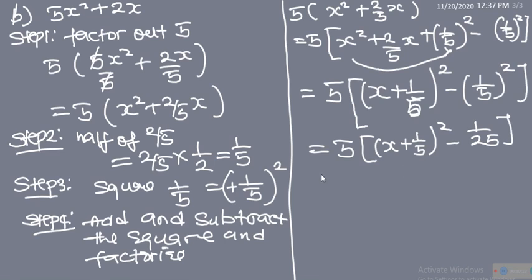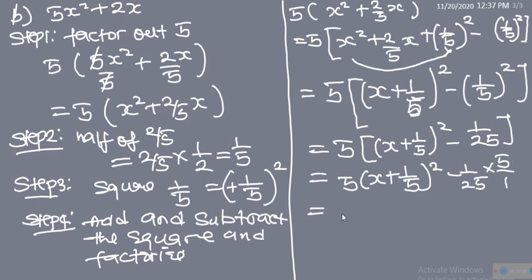So if we open the bracket with 5, we have 5 into x plus 1 over 5 squared minus 1 over 25 times 5 over 1. Let's open the bracket with 5.